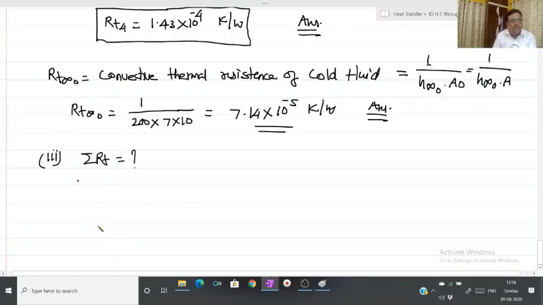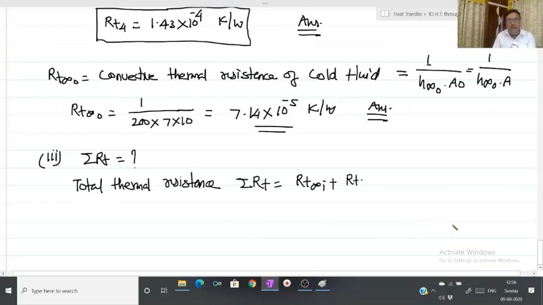So total thermal resistance will be summation of RT infinity I plus RT1 plus RT2 equivalent plus RT3 equivalent plus RT4 plus RT infinity O.